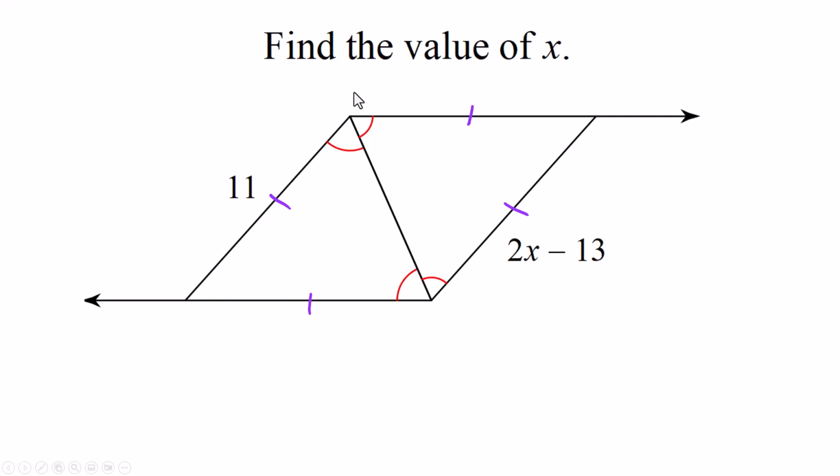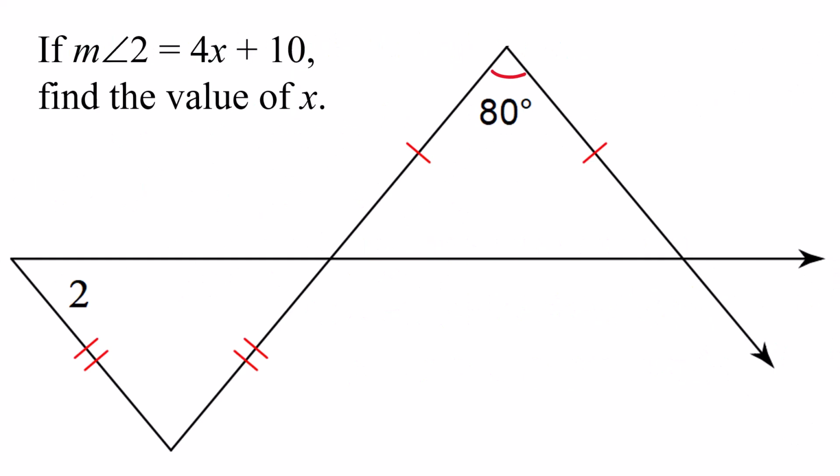And these angles are the same as these, so these sides are also the same length. That means everything's 11. So let's set 2x minus 13 equal to 11. Add 13 to both sides. 2x equals 24. x equals 12.